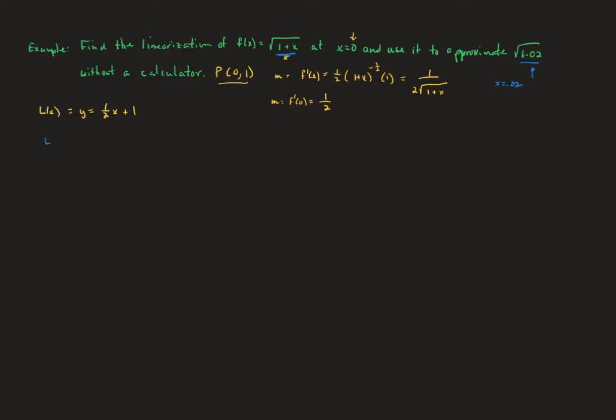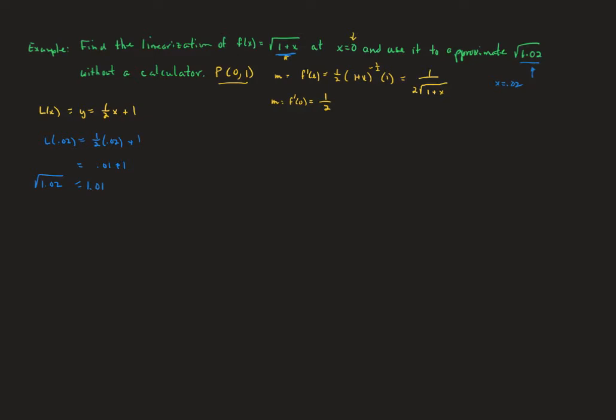So we are going to find L of 0.02, which means we plug in 0.02 for the x and simplify. Half of 0.02 is 0.01, plus 1 makes 1.01. So that's a pretty pain-free way to get an estimate for the square root of 1.02.